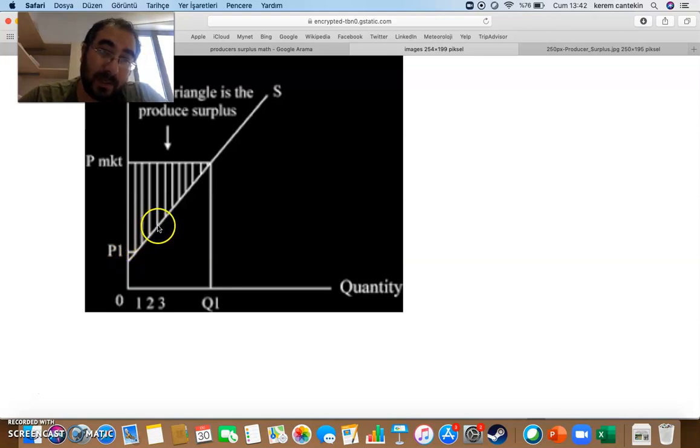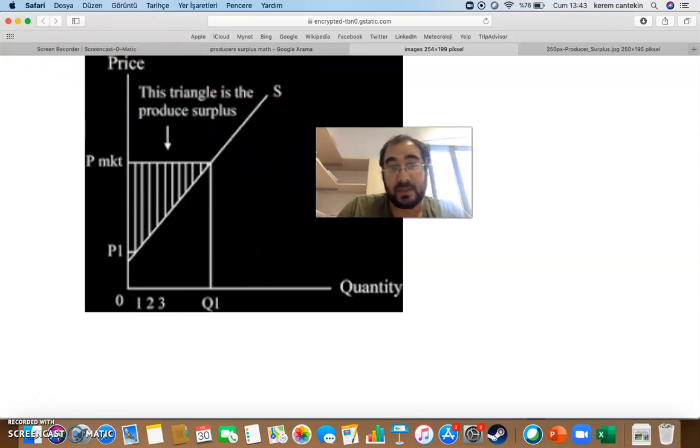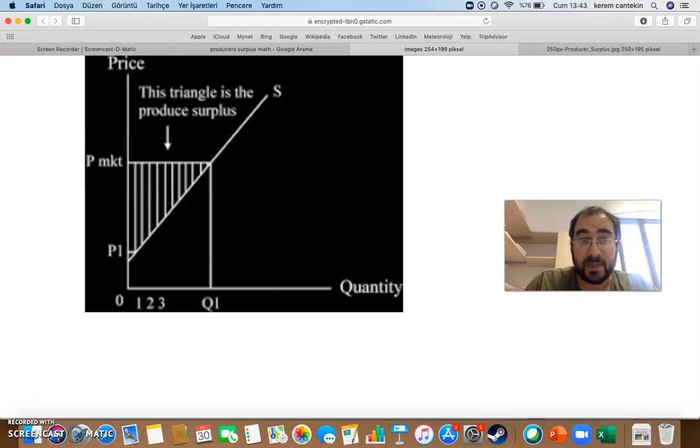We have small triangles similar for every rectangle, and you can see how when our number of units gets larger, the triangles get smaller, the small triangles.